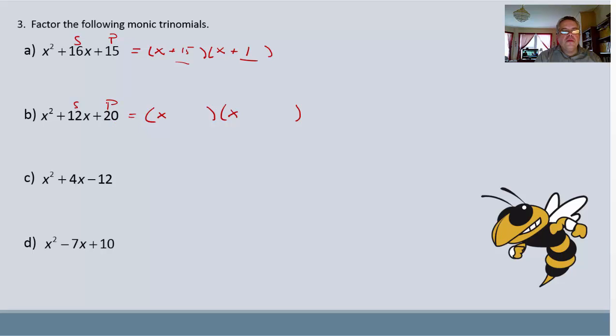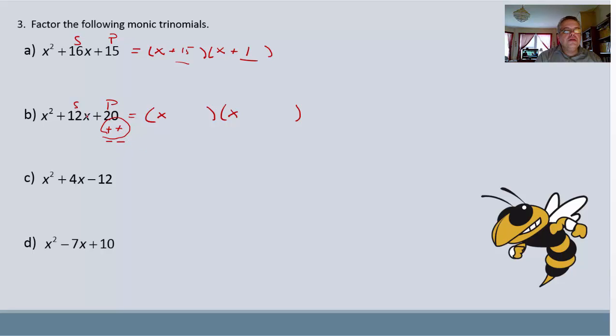All right, so what multiplies to 20? By the way, since this is a positive number, I know that both of these have to be positive or both have to be negative. In order to get a product that's positive, you either need two positives or two negatives. But since they add up to a positive, I know I'm looking for two positive numbers.